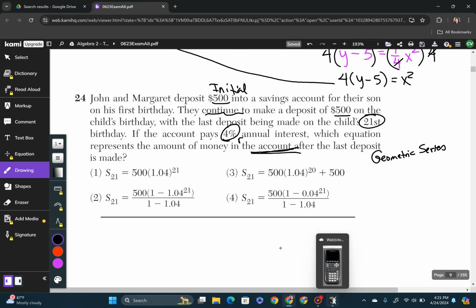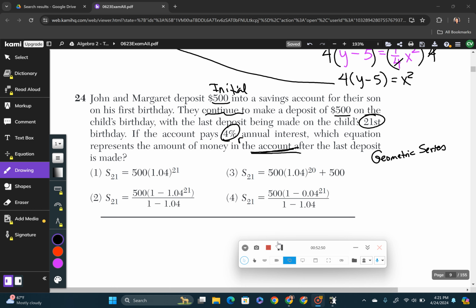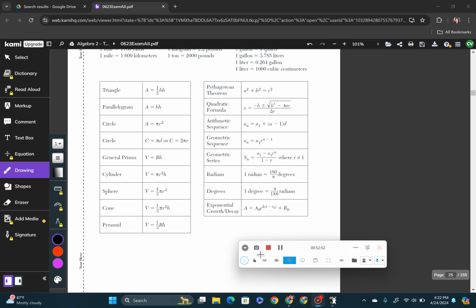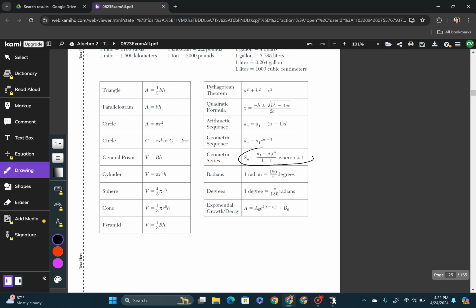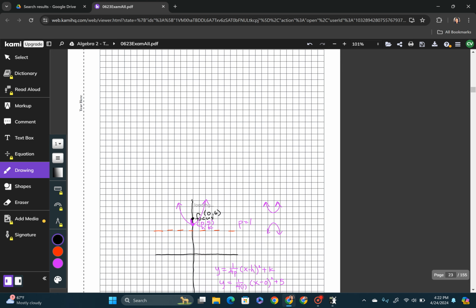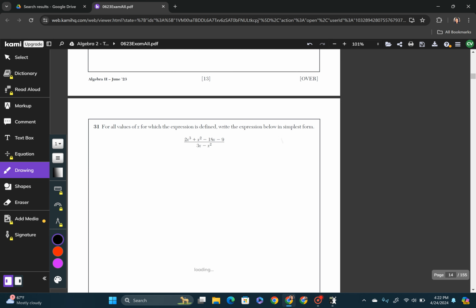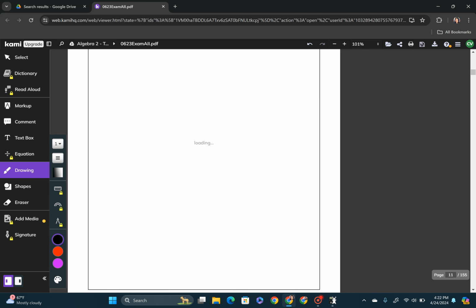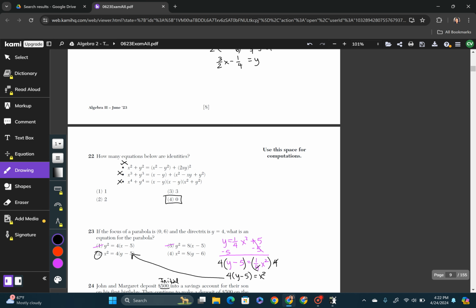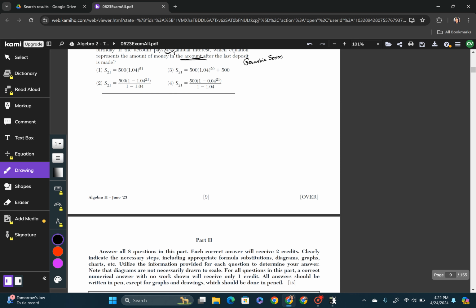So A1 minus A1 R to the N, and then 1 minus R. All right, so let's go back. Right here. So I'm going to go ahead and put that in. So I had A1 minus A1 R to the N over 1 minus R.